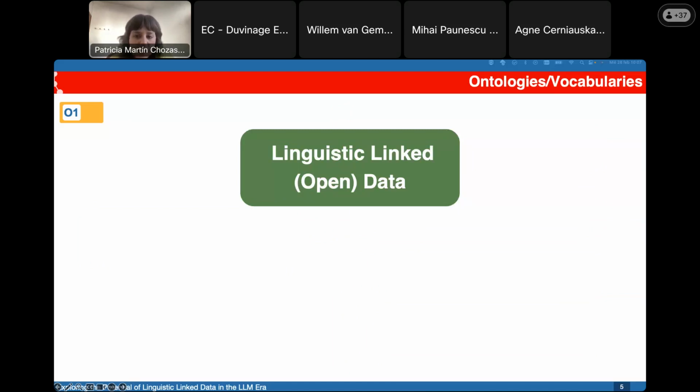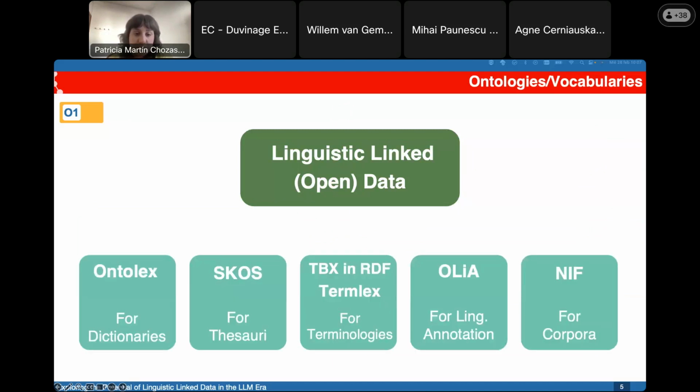To publish Linguistic Linked Open Data, some specific vocabularies or ontologies or models need to be followed. Let's have a quick overview of the most common vocabularies to publish language resources depending on their typology. For dictionaries, for instance, we have Ontolex. For thesauri, we have SKOS.